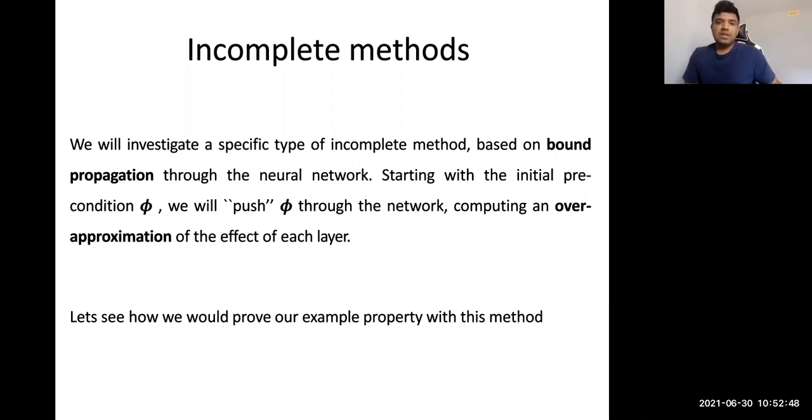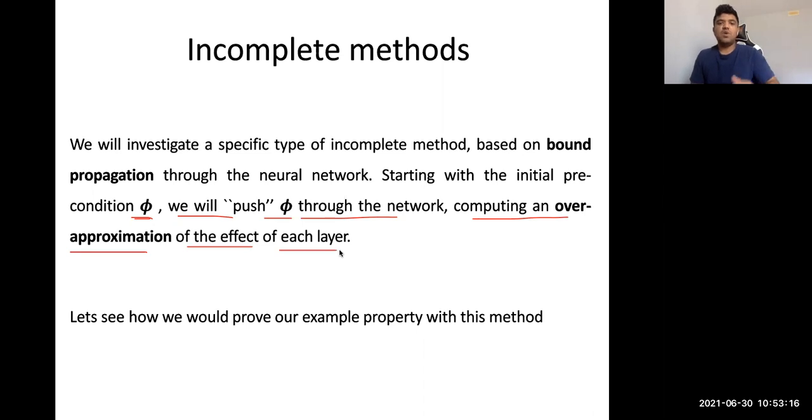We will investigate a specific type of incomplete method based on bound propagation through the neural network. Starting with our initial precondition phi, we will push the region through the neural network, and we'll compute an over approximation of the effect of each layer.